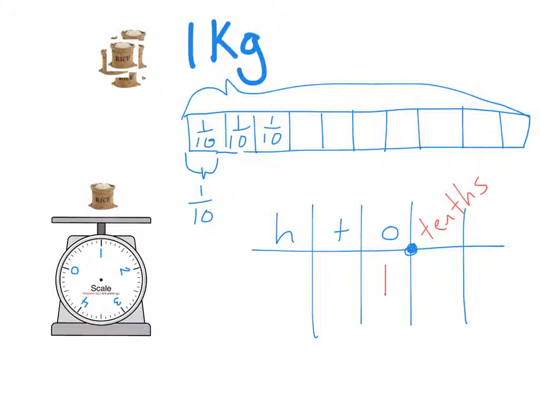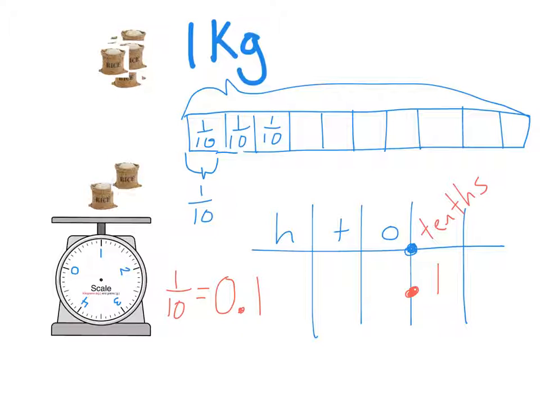It would no longer be 1 kilogram. It would be 1/10, and we would need to write that decimal there. So the fraction 1/10 can be written as the decimal 0.1. So it has that digit 1 in the tenths place.